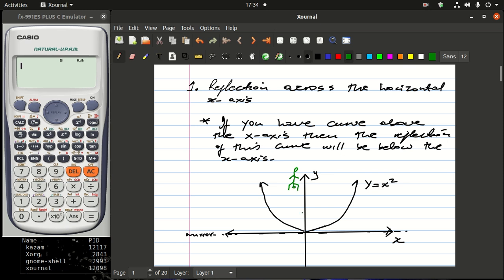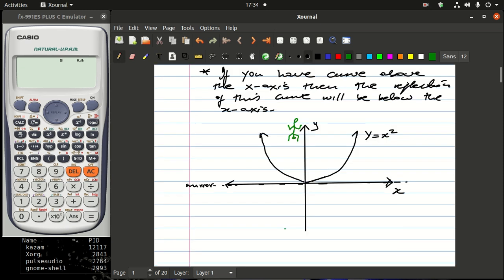If I have this curve here and I'm standing on this side, what I will see on the mirror, which is along the x-axis, the reflection will look something like this. So whenever the curve is above the x-axis, its reflection will be below the x-axis.